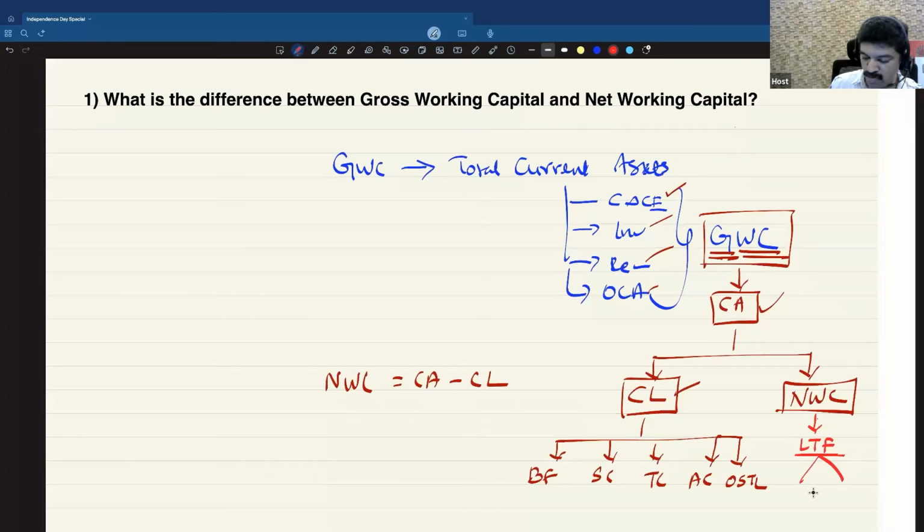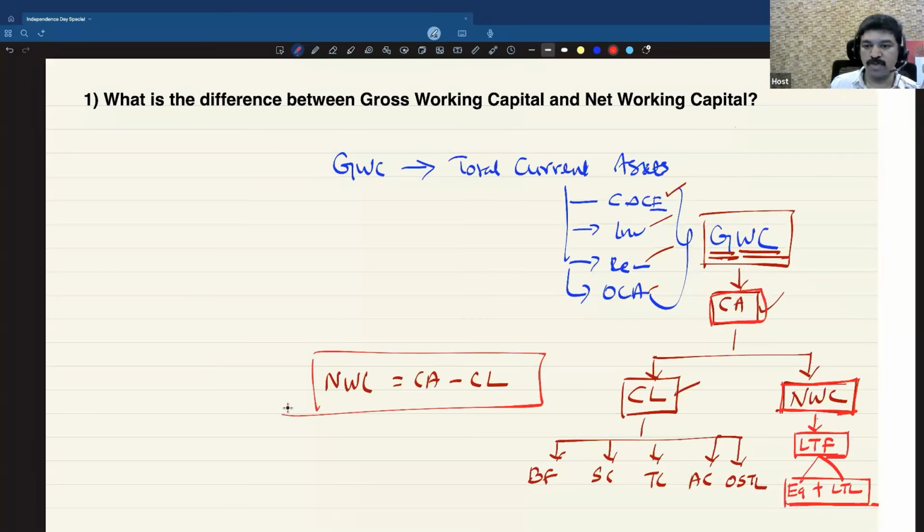These long-term funds may be a composition of equity and long-term loans. Equity and long-term loans put together make the long-term funds, and that becomes the source for net working capital. It means current asset is also getting funded through equity and long-term liability through net working capital.